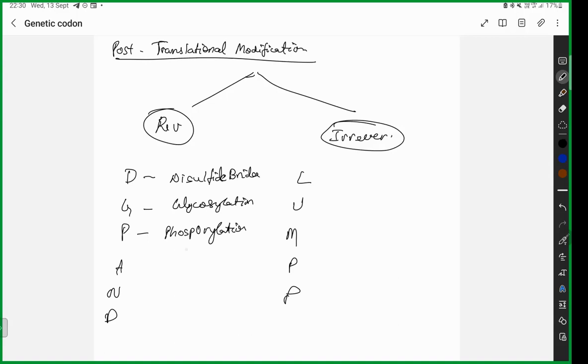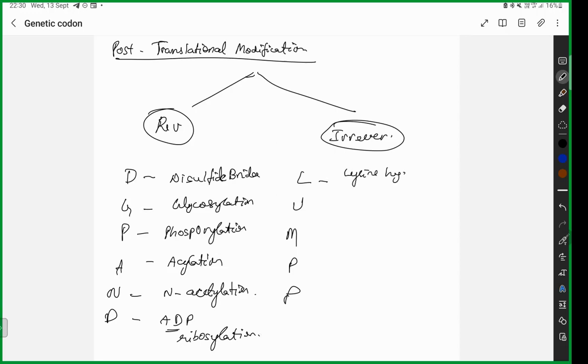A stands for acylation, N stands for N-acetylation, and D stands for, how do I tell this, D is nothing but ADP-ribosylation. So this is your DGP, and L stands for lysine hydroxylation. I'll talk about all these things. Then you're going to have U.